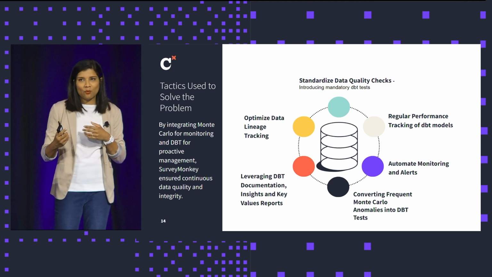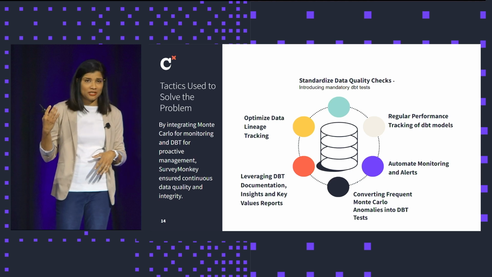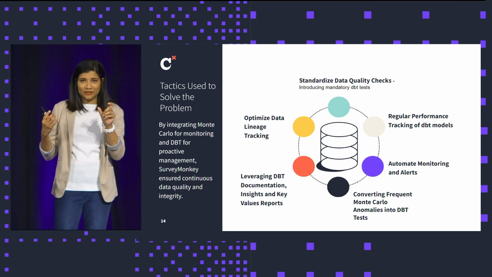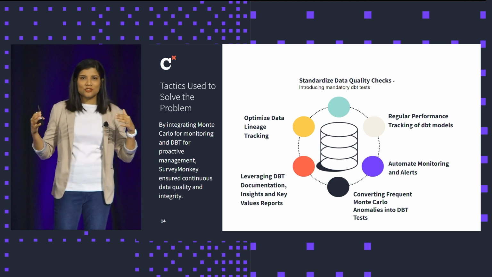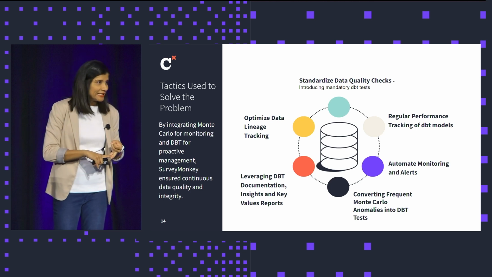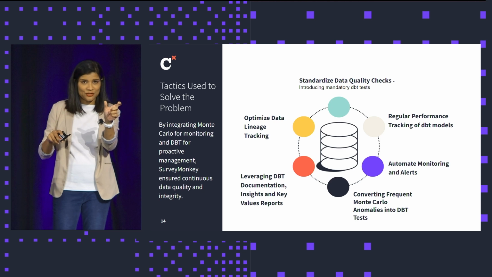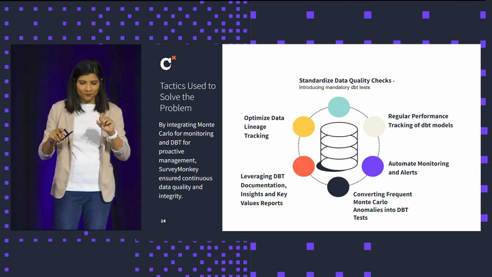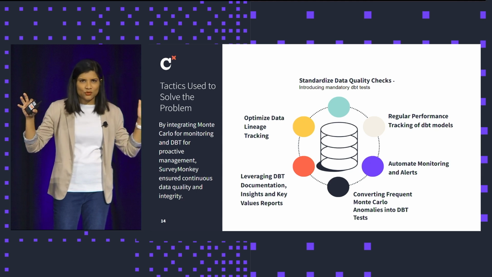So what we did is a combination of dbt Assist, which is helping us speed up the documentation process, and one very critical feature of Monte Carlo, which is Monte Carlo Assets. My business users go to Monte Carlo. They're looking at the anomalies, they're looking at the lineage, and on the same platform I'm giving them the asset feature of Monte Carlo. My product manager would go and just search for, say, feature usage.